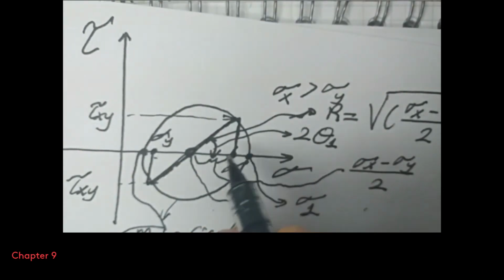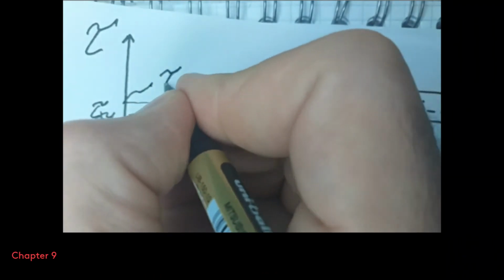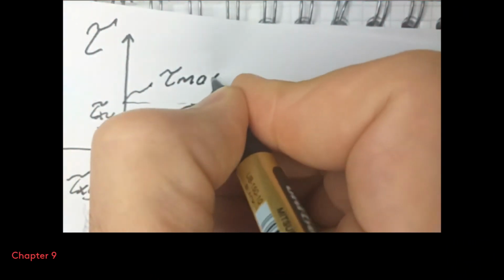In fact, there is a third thing. There is a certain point at which you can reach the maximum shear stress. The maximum shear stress is equal to the radius.